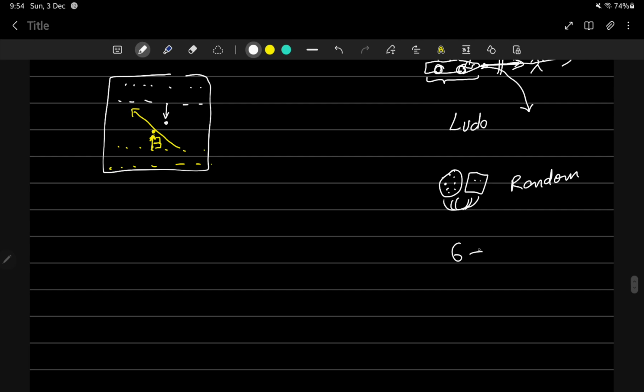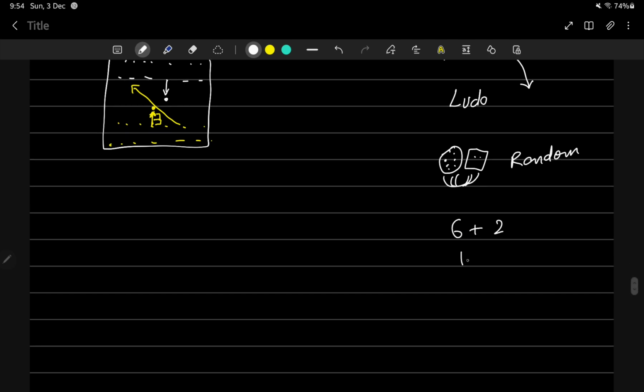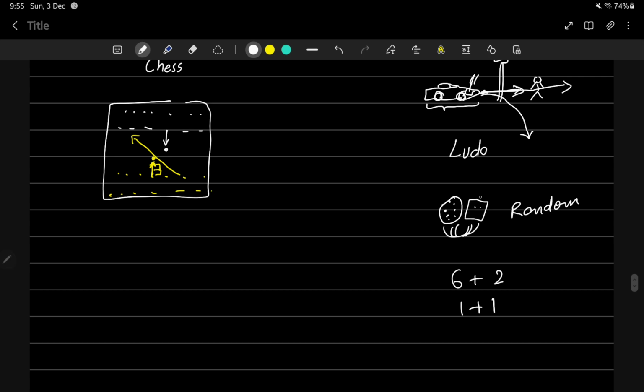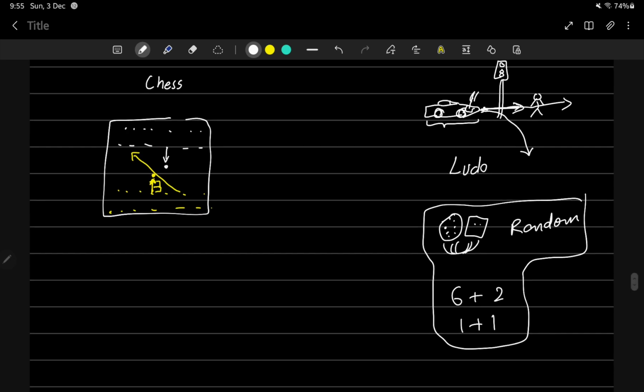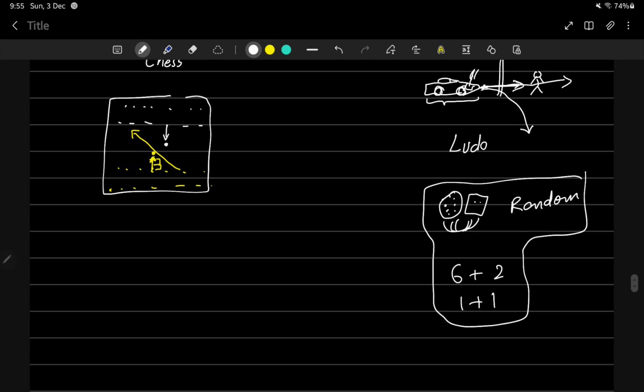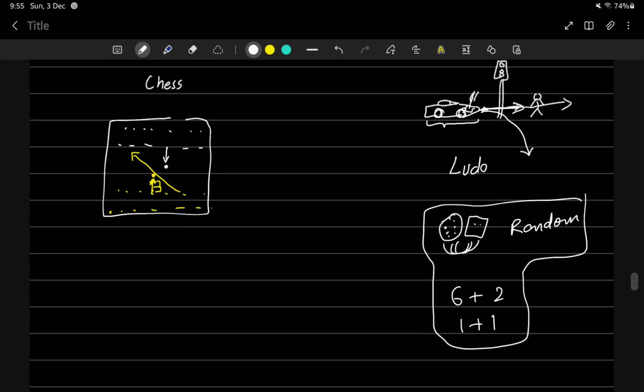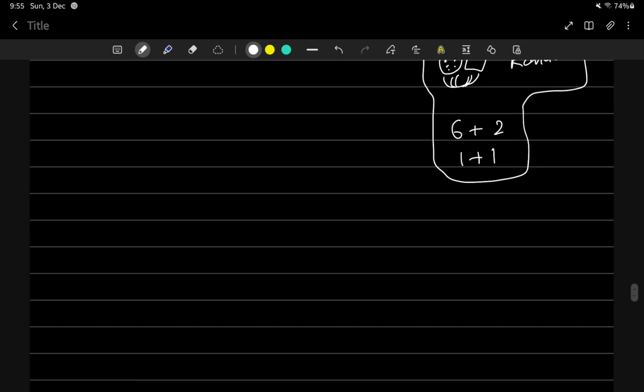Maybe it's 6 and 2, maybe it's 1 and 1. It can be so many things. There are so many possibilities. So you are not 100% sure what my next state will be here. So the example of Ludo is also non-deterministic.